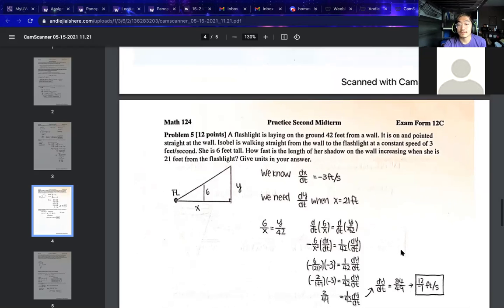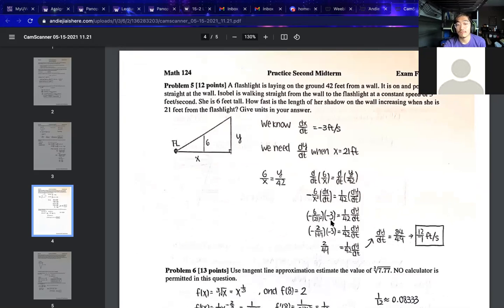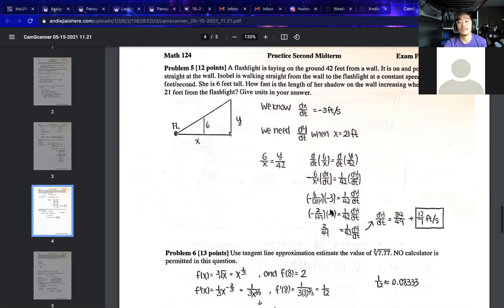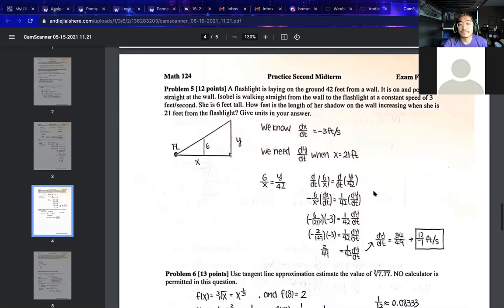Then x is 21. You plug 21 here, and you get 2 over 49 equals 1 over 42 dy/dt, and dy/dt is equal to 84 over 49. Any questions on problem 5? This is a really traditional, really good related rate problem.